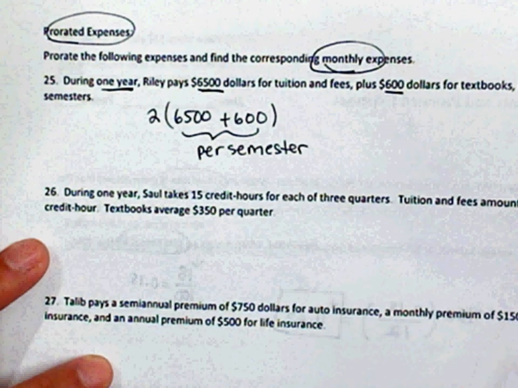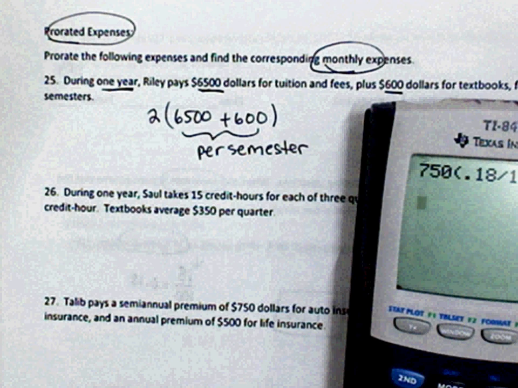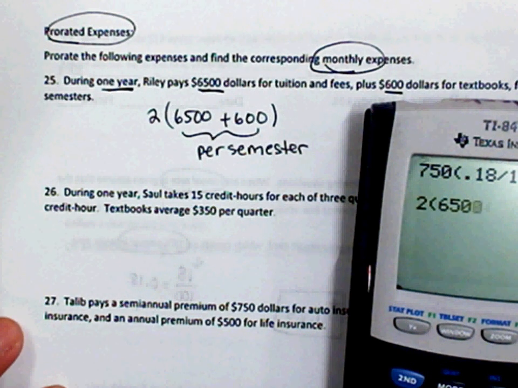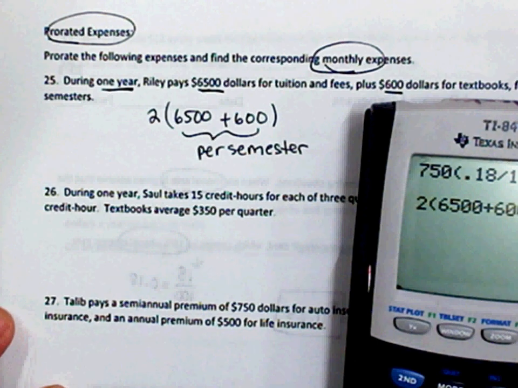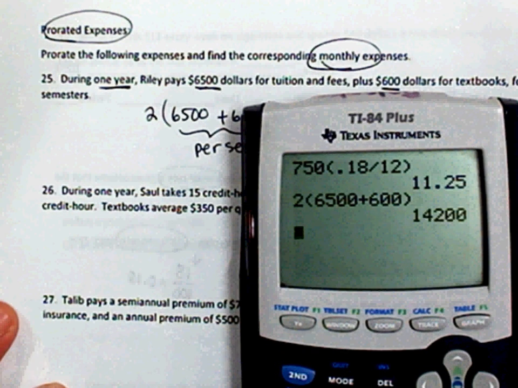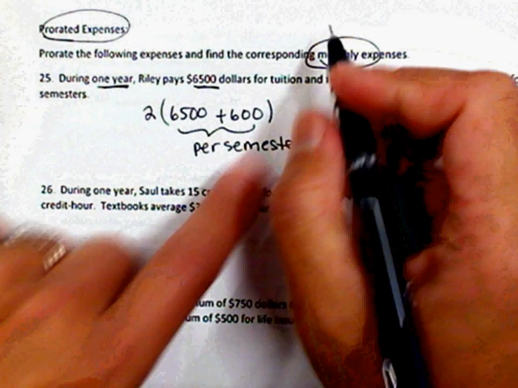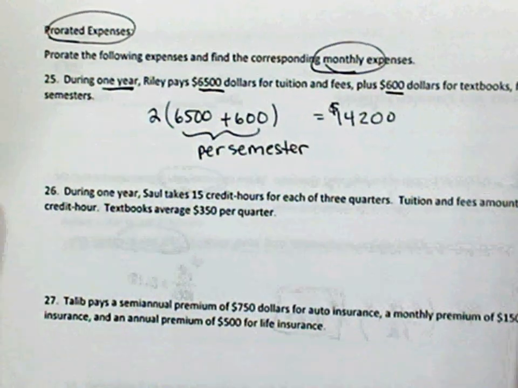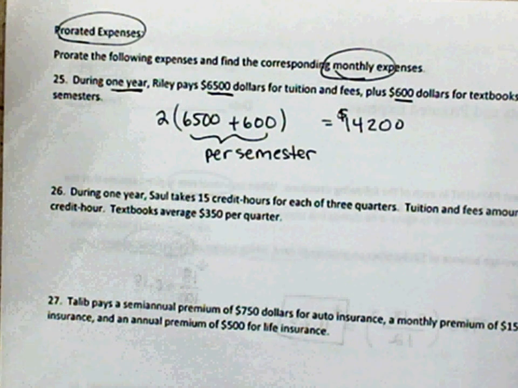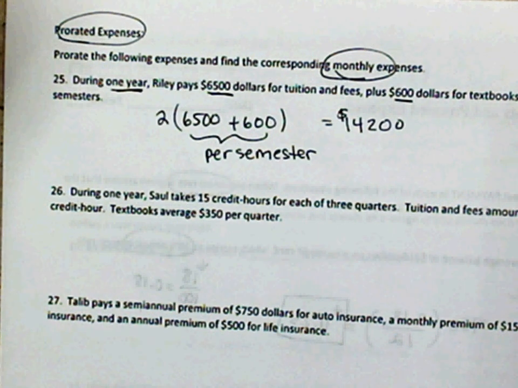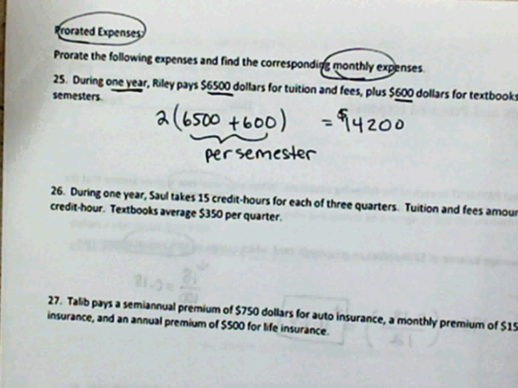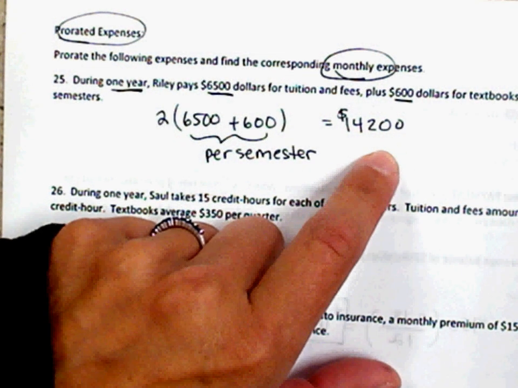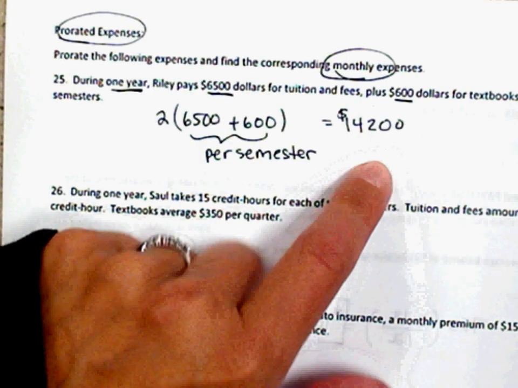Okay? So how much is it going to be for the whole year? So 2 parentheses, 6,500 plus 600, just like that. And I get $14,200. Okay? But what did the direction say? Per month. This is per month. This is per year, right? What am I going to do to make it per month?